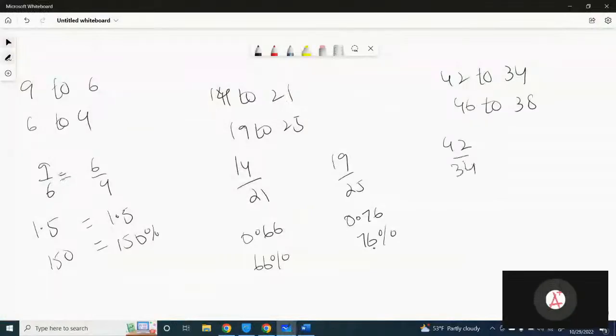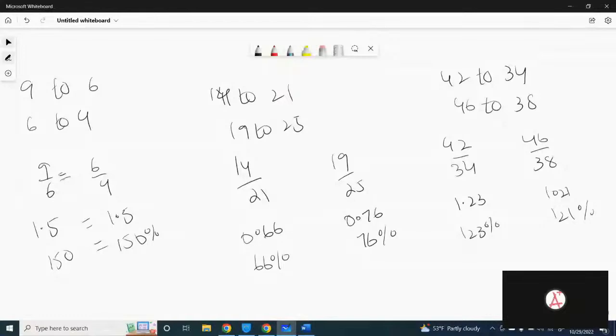So it is 42 over 34 and it is 46 over 38. So let's just convert them into percentage form. 42 divided by 34 is 1.23, and 46 divided by 38 is 1.21. So it would be 123% and 121%.